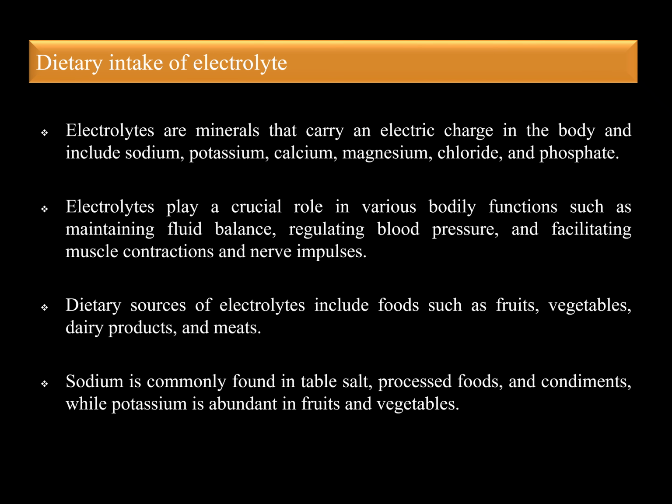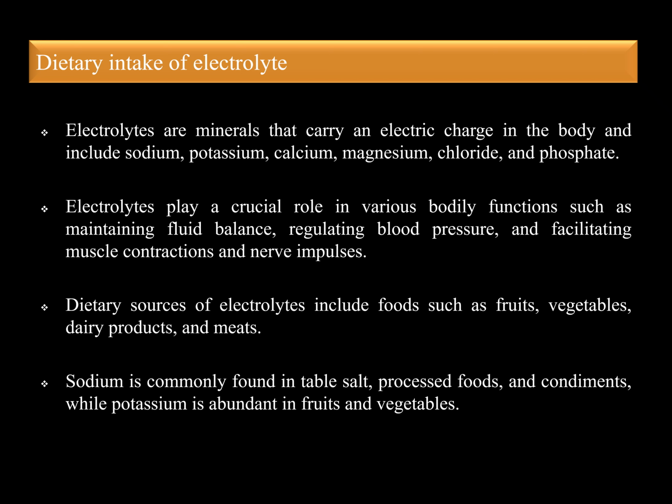Now we discuss dietary intake of electrolytes. Electrolytes come mainly from food and drinking water. Sodium comes mostly from salt and processed food. Potassium comes from fruits, vegetables, and legumes. Calcium and magnesium come from dairy products, leafy greens, nuts, and seeds.